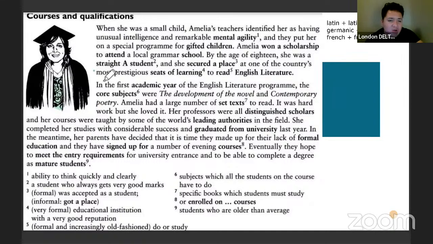She was straight A student. And here, you see that some expressions have a number, and you have the explanation here also with another number. So what is the meaning of this expression?